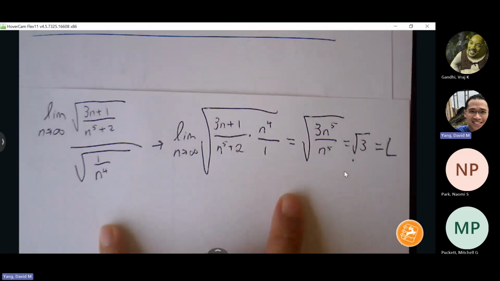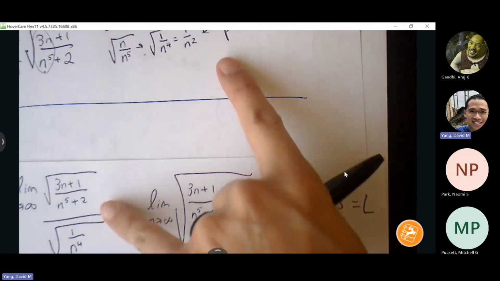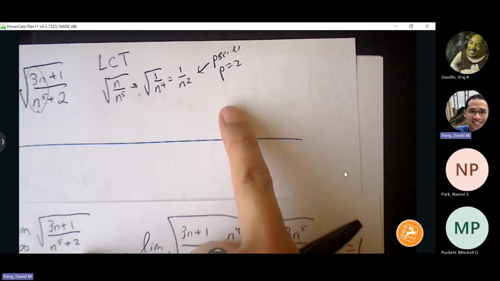And so therefore, we can say that these two series must share the same converging behavior.